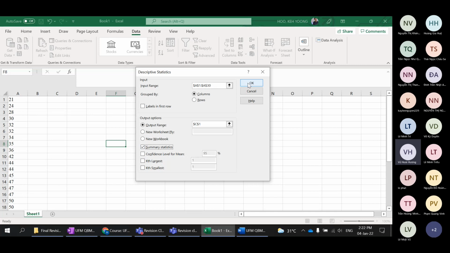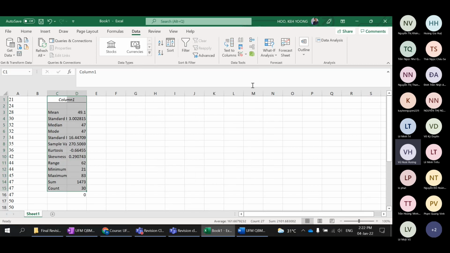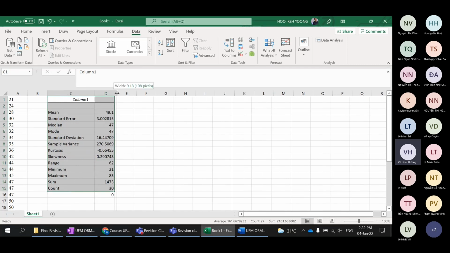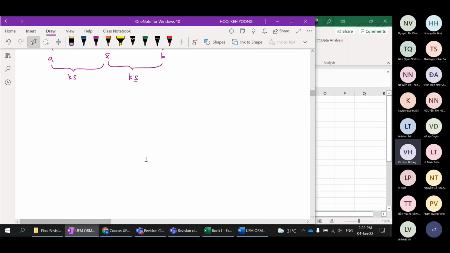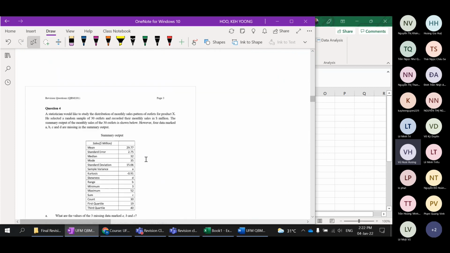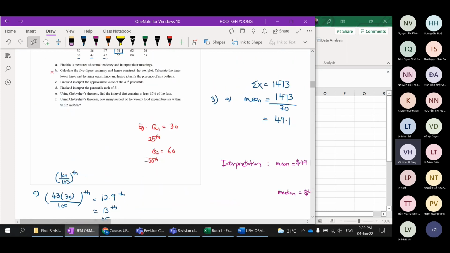Once you click OK, you should see the summary output. Expand it, and you'll have something like this. This summary output is similar to question 4, which we will discuss later.